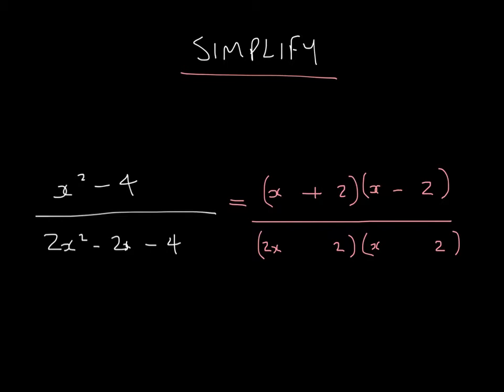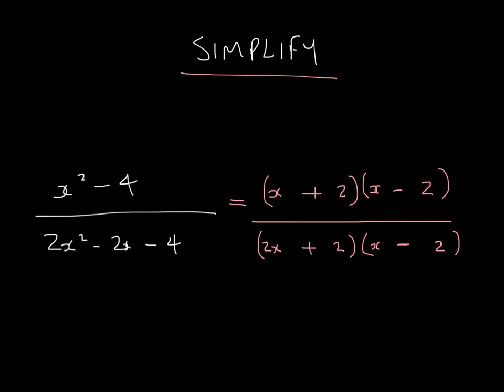Make sure your biggest number is minus because you want to get a minus here, so that one needs to be a minus because it's going to work with that one, and that one will need to be a plus. I'm going to quickly check. So front times front gives me that, back times back gives me that. I've got a 2x and a minus 4x, which will give me the minus 2x, so it's all factorised correctly.